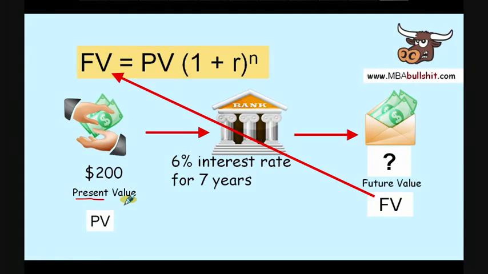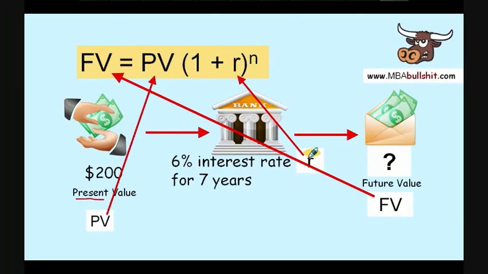Again, this is just one variable, PV, and that is the same variable that you see up there in the formula as PV. Alright? Next, this interest rate over here is 6%, and it's written as the letter R. That is the same R that you see up there in the formula.